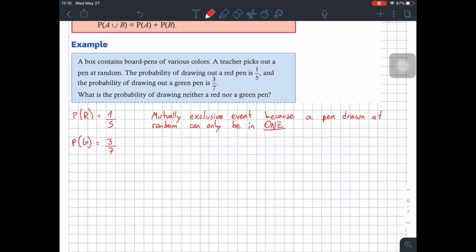One color, right? That's why we're talking about mutually exclusive events.